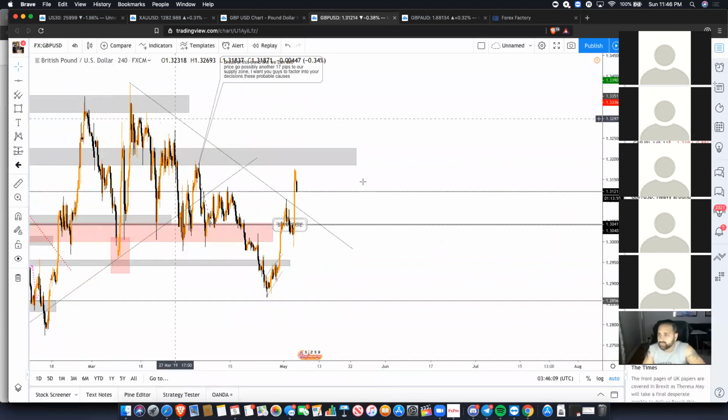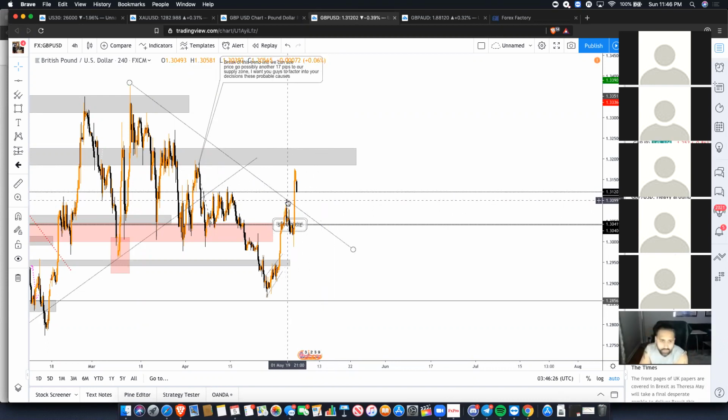Similar right here, it missed our zone by about 10 pips. So I'm curious to see if it's going to come back down to retest the previous high up here and then make a move up.